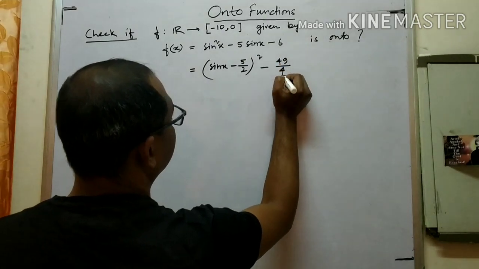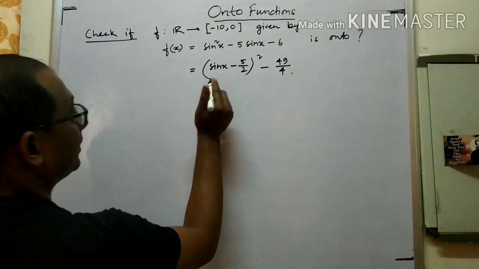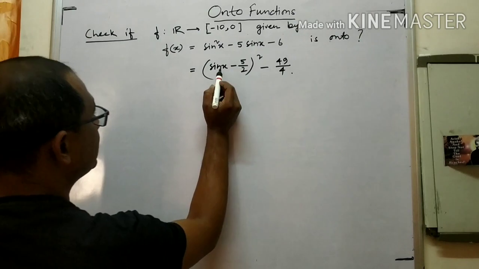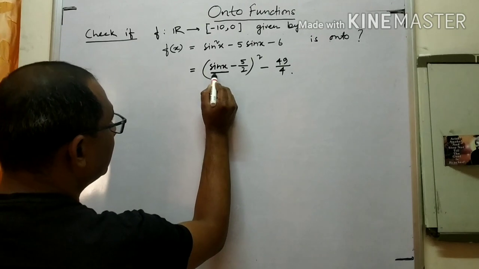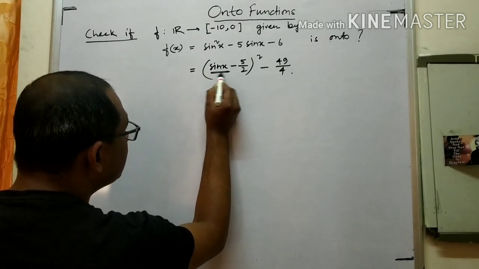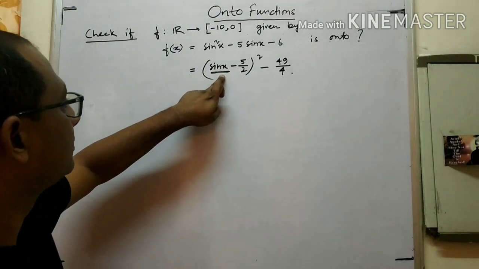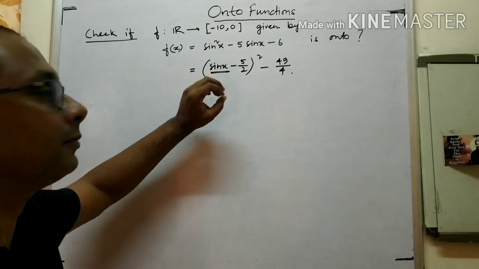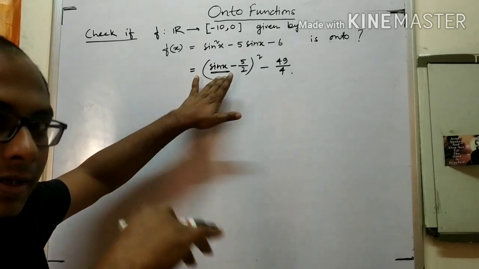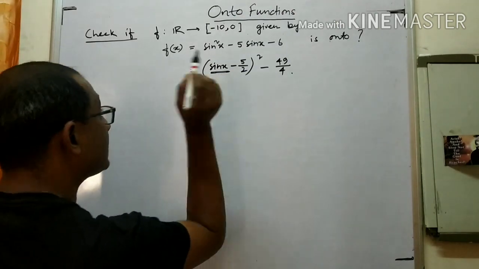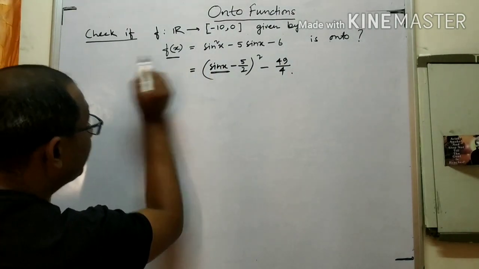Now the function is reduced to the variable sin x only, and this function is bounded. We know the maximum and minimum value of this. We know the maximum value of sin x is 1 and the minimum value is minus 1, but we have to check what the maximum and minimum value of f(x) are.